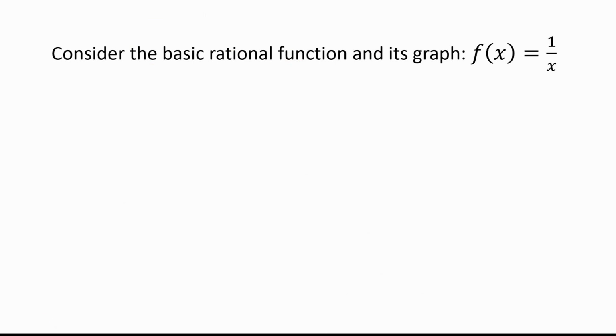We want to be able to graph this function f of x equal to 1 over x. I'm kind of skipping some of the concepts, but I want to embed this in your mind. Notice that we cannot divide by 0.